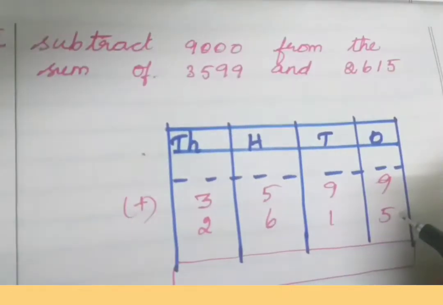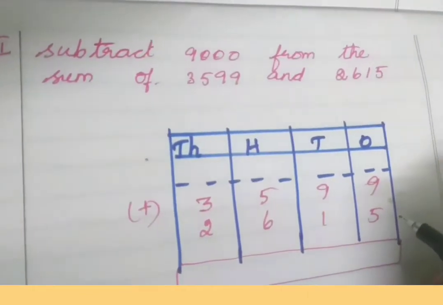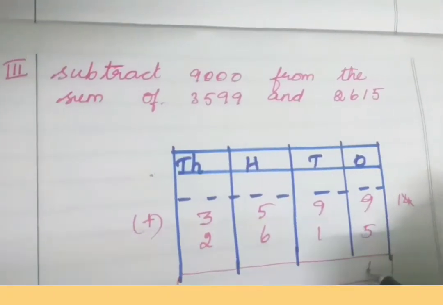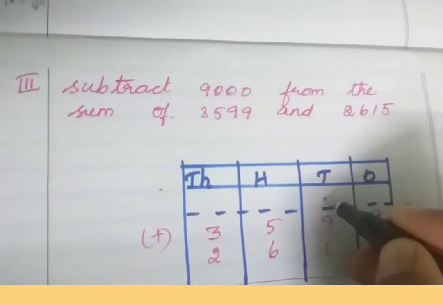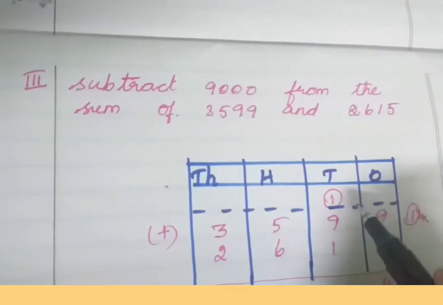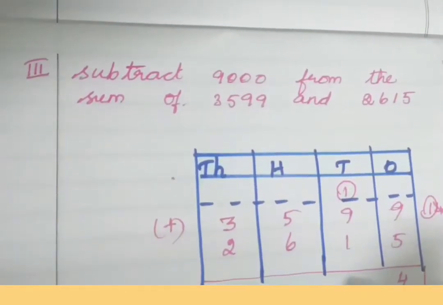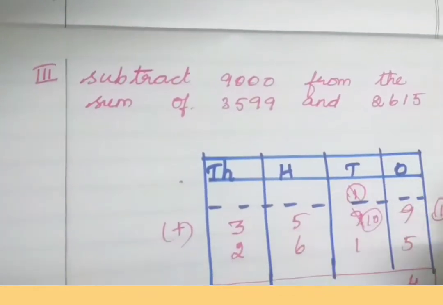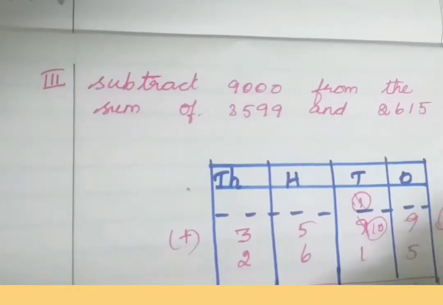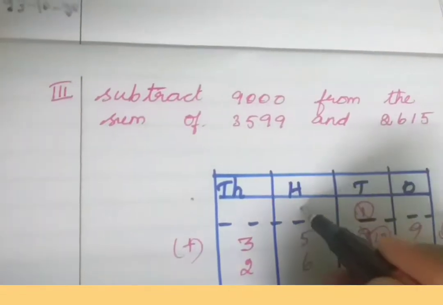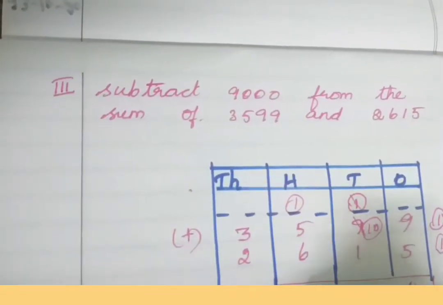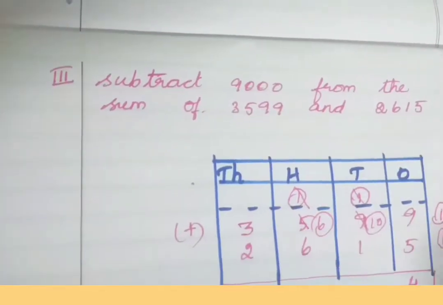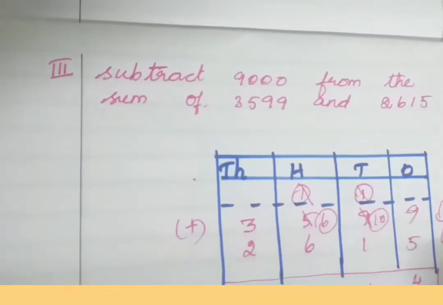9 in the mind, 5 in the finger, 9 after, 10, 11, 12, 13, 14. Cut the 4 here and circle the 1 and write it in the next place. 1 plus 9, 10. 10 plus 1, 11. So cut the 1 here and write the circled number in the next place. 1 plus 5, 6. 6 plus 6, 12.